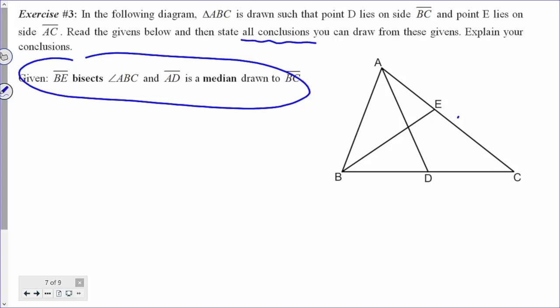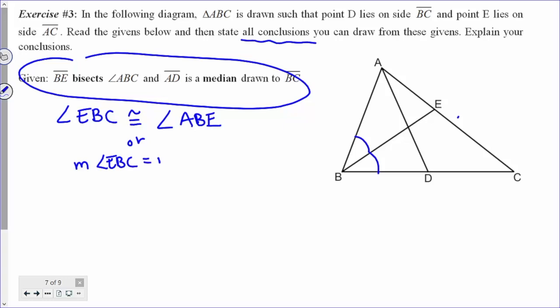So what I can say based on that given is that angle EBC, which is this one right here, is congruent to angle ABE, which is right here. Or you could say equivalently, the measure of angle EBC is equal to the measure of angle ABE.